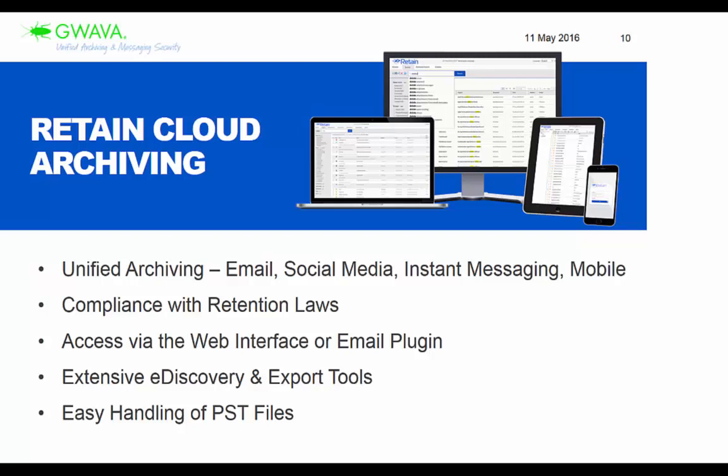And all of that is archived into one central archive in the cloud that you can access easily through the web access UI, or you can access it through an Outlook or email plugin. So now you can access all your electronic communication from one central location anytime, anywhere, because you have access via the web UI or via the Outlook or other email system plugin.